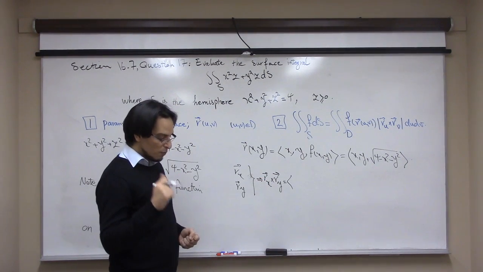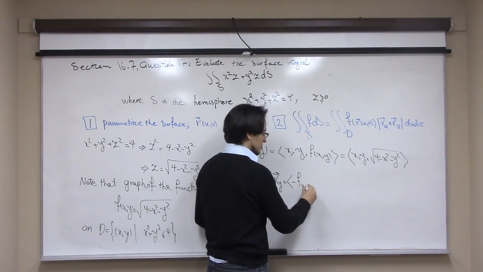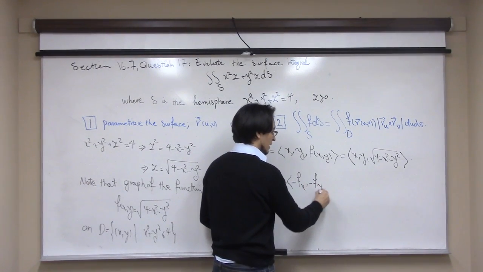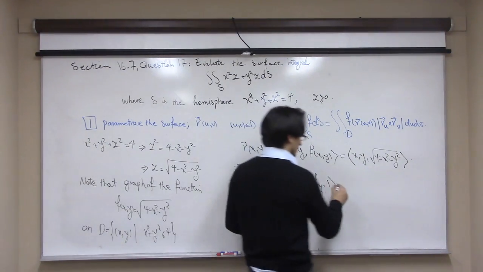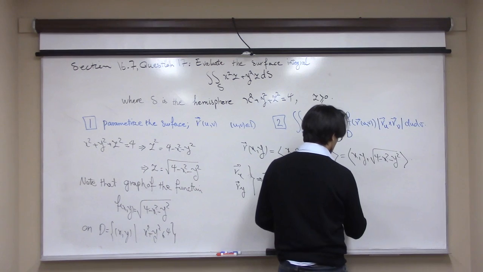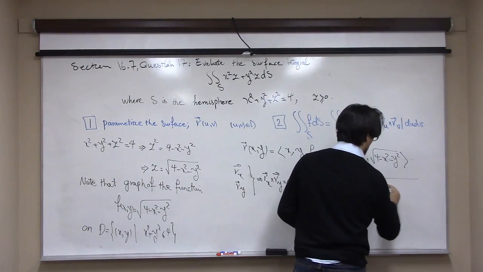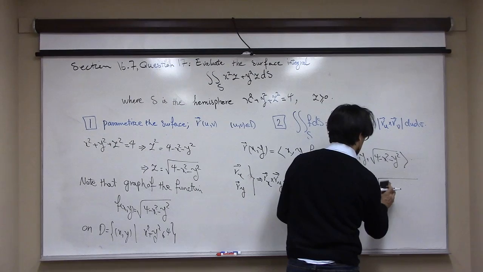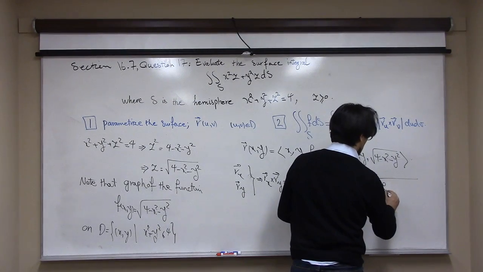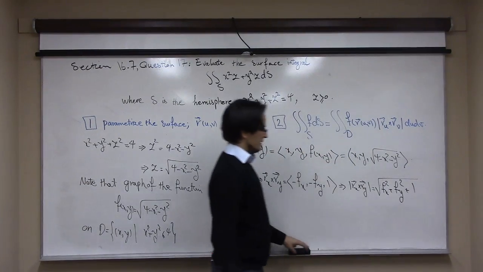But at the end, what you're going to get is minus f_x, minus f_y, and 1. And then the length of that is going to be the square root of f_x squared plus f_y squared plus 1.